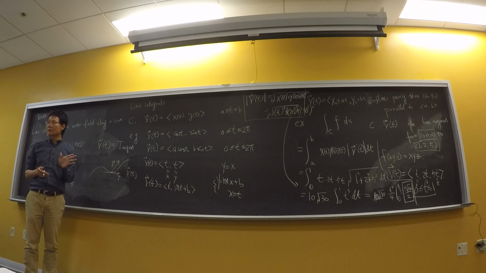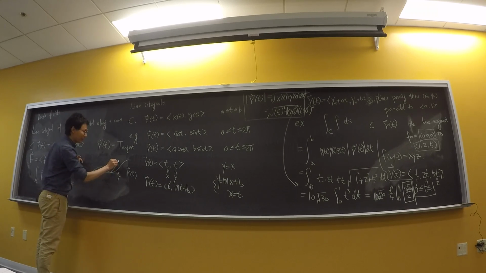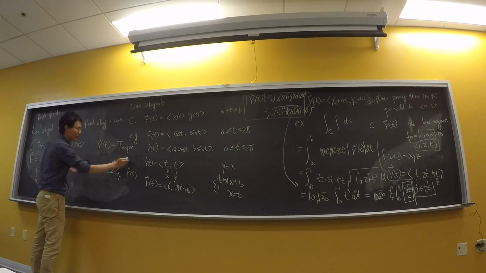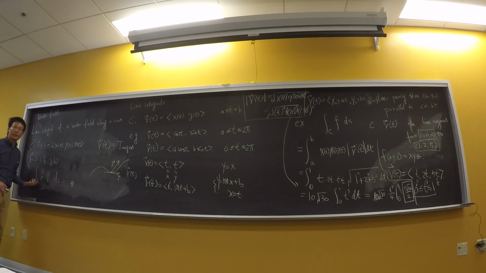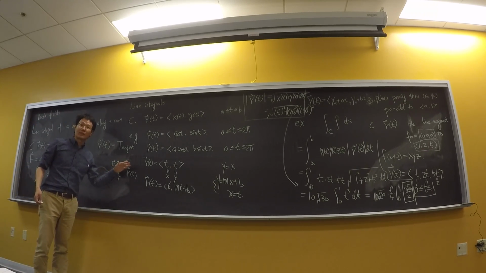A force consists of the magnitude, which is how hard you pull, and also which direction you're pulling. All right? So if this vector field is talking about the force you're putting on the train, and you're dragging this train along a curve, you take this line integral, you're going to get the total work you've done along the curve. Okay? You're going to get the total work of the dragging along the curve.